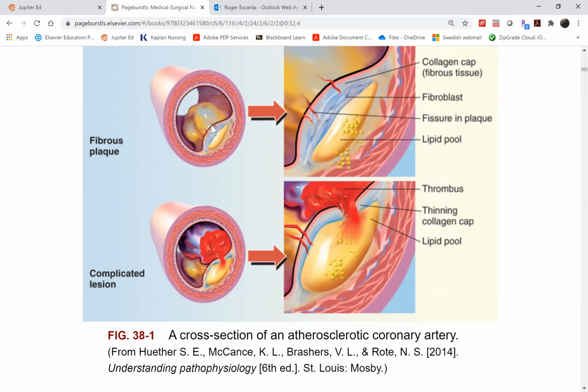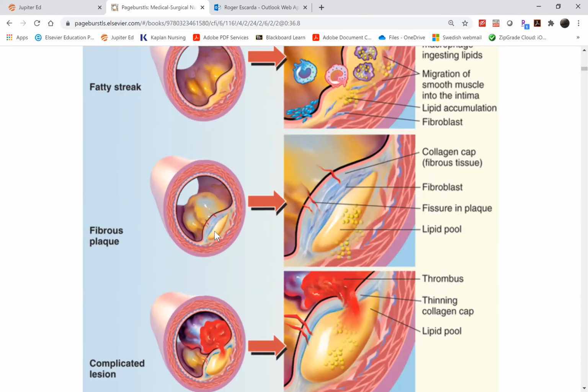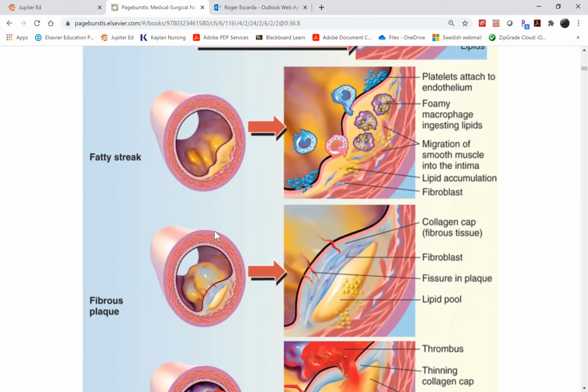Once this ruptures, even though you still have 80% that's able to perfuse the myocardium, once a blood clot forms like this one here, it can form within minutes, and without any intervention, either dissolving that clot or putting in a stent, can result in permanent, irreversible damage to the myocardium.